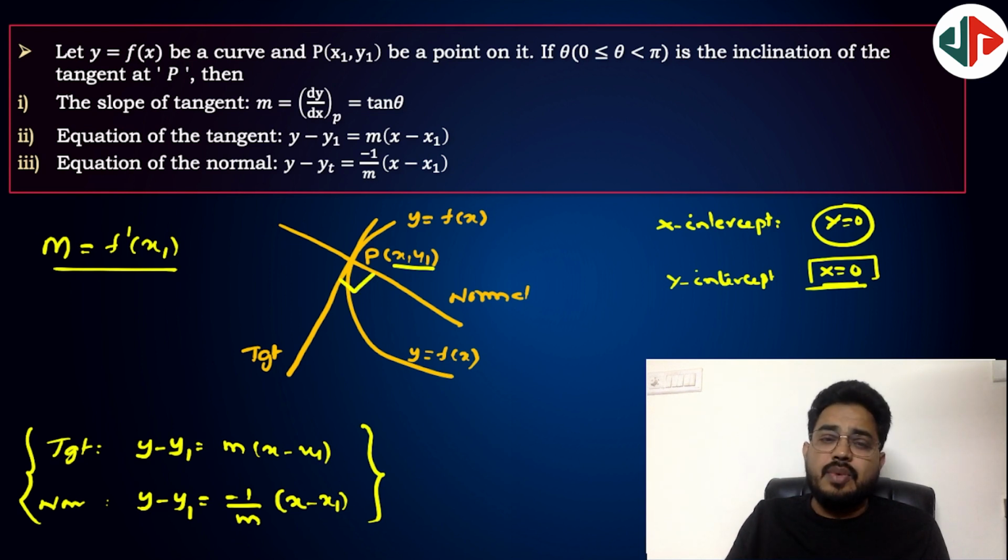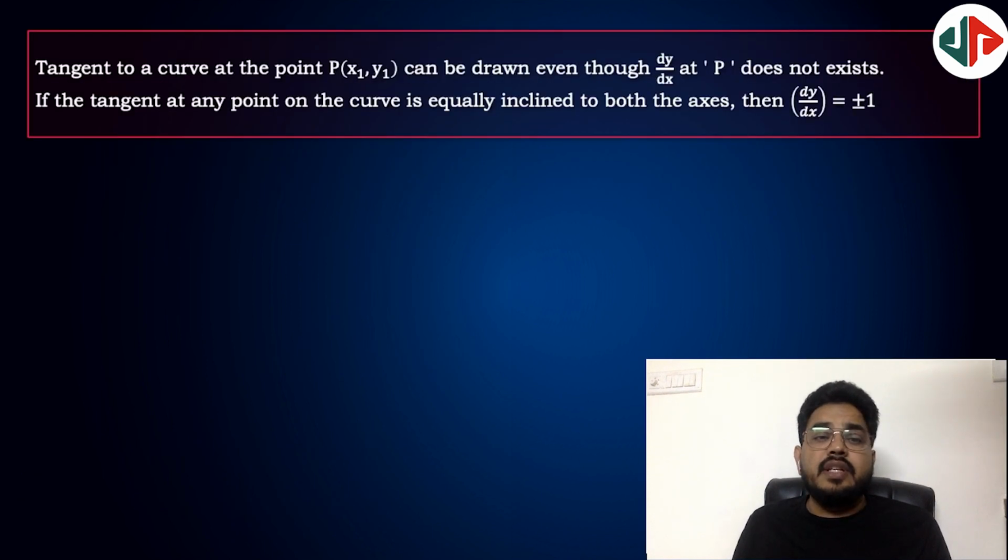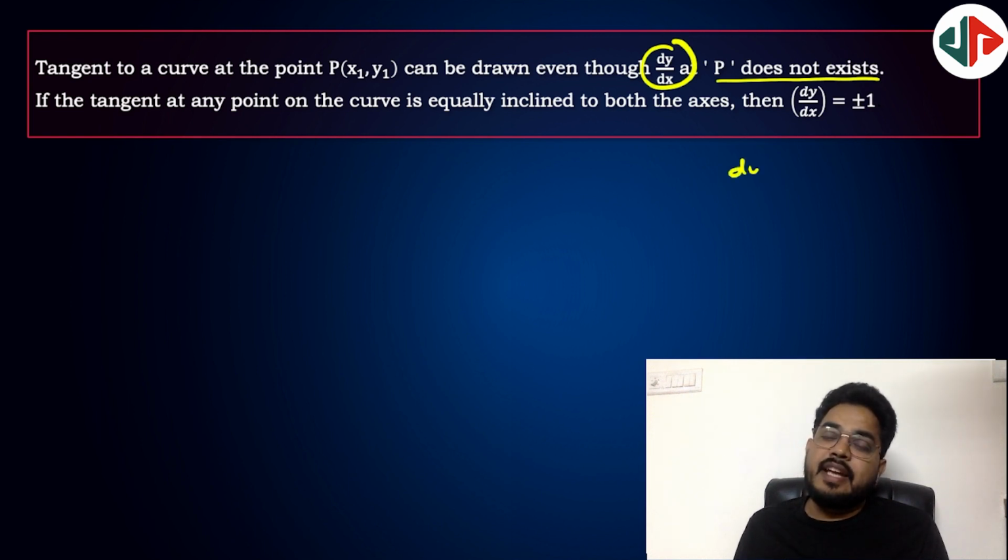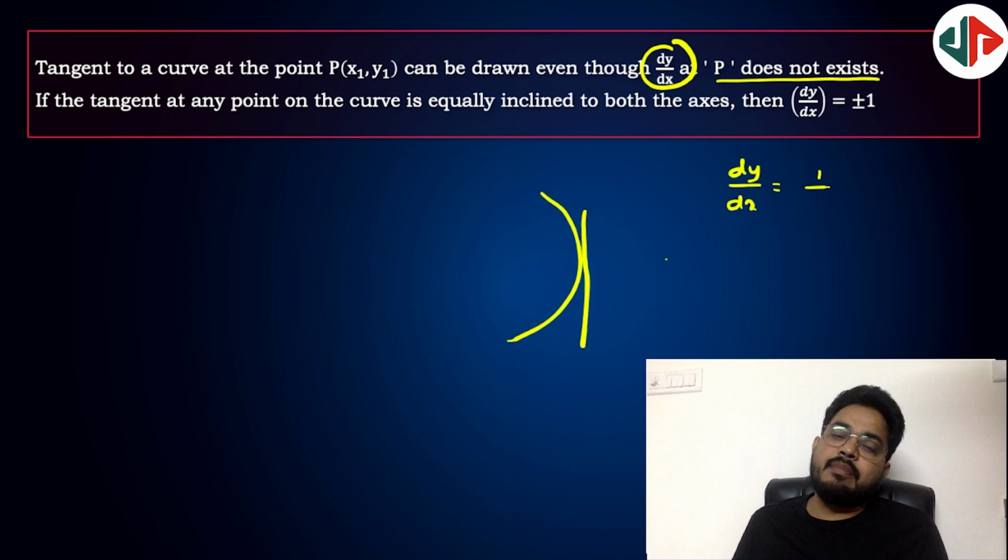Okay. Next one: a tangent to a curve at point P (x1, y1) can be drawn even though dy by dx at P does not exist. That means dy by dx does not exist, meaning you may get dy by dx is equal to something by 0. For example, x square plus y square is equal to 25.